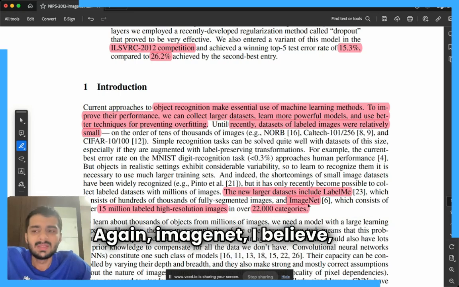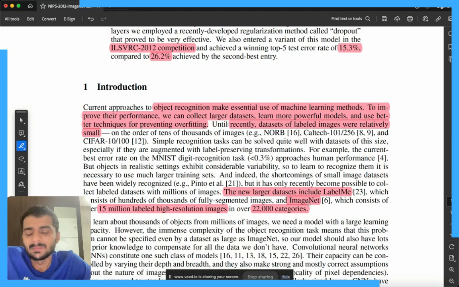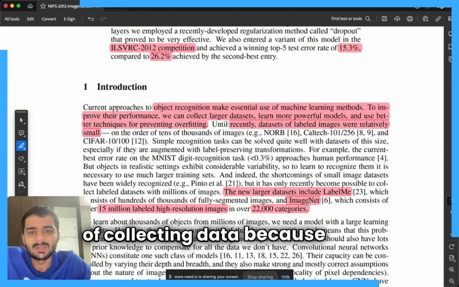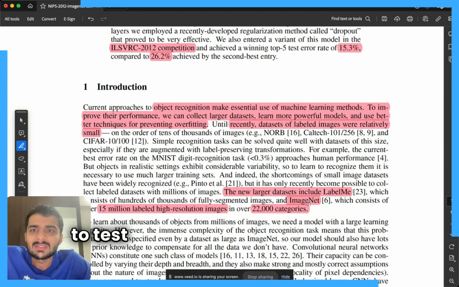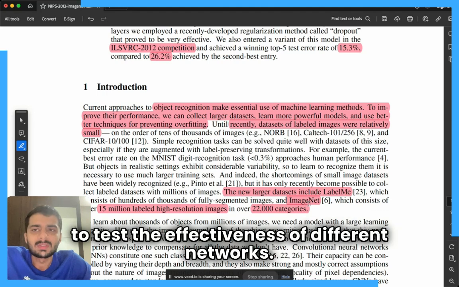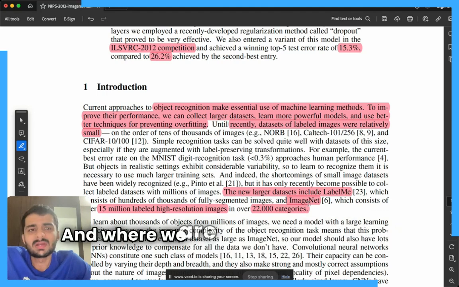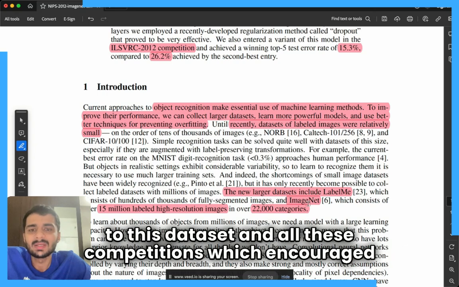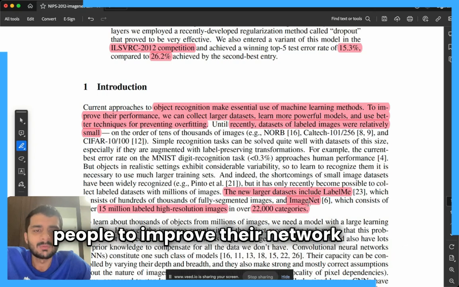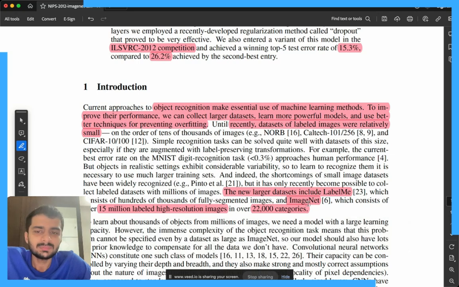Again, ImageNet, I believe, is a phenomenal effort of collecting data because it was incredibly useful to test the effectiveness of different networks. And where we are right now is hugely thanks to this data set and all these competitions which encouraged people to improve their networks further and further.